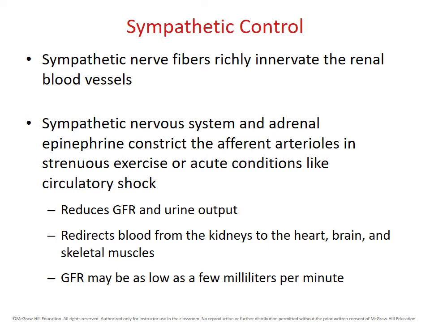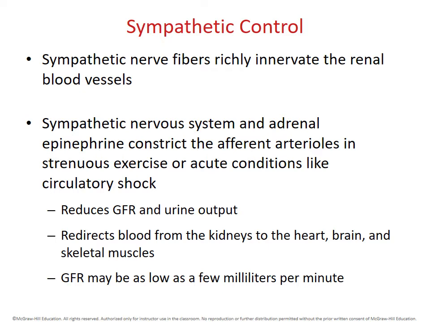Both chemicals affect the afferent arterioles of the kidneys by causing constriction. And of course, once again, constriction of the afferent arterioles is going to reduce blood pressure and blood flow in the glomerulus, and that's going to reduce glomerular filtration rates.